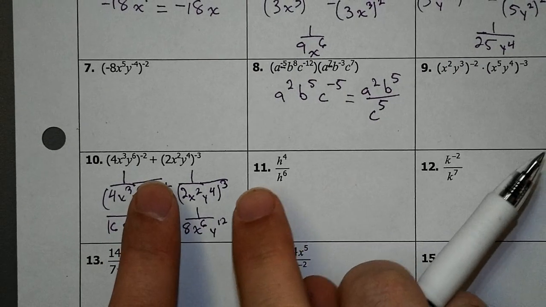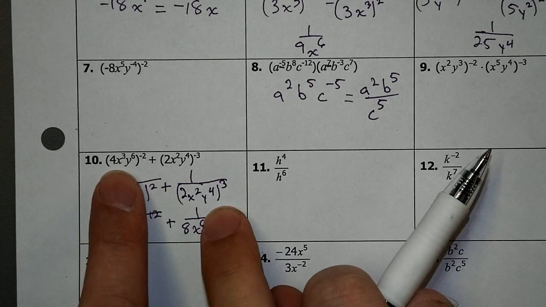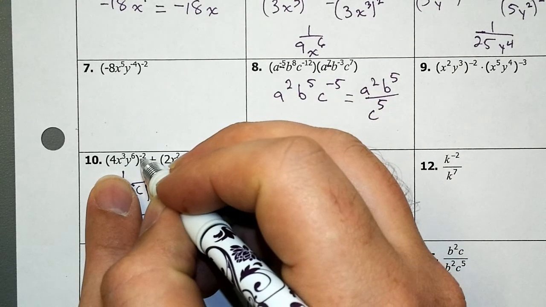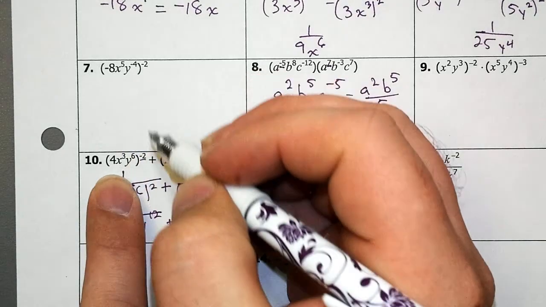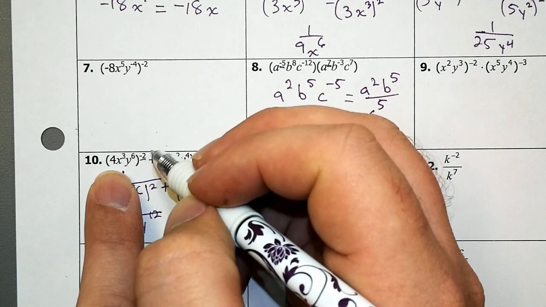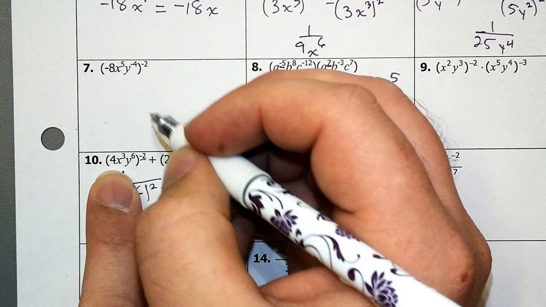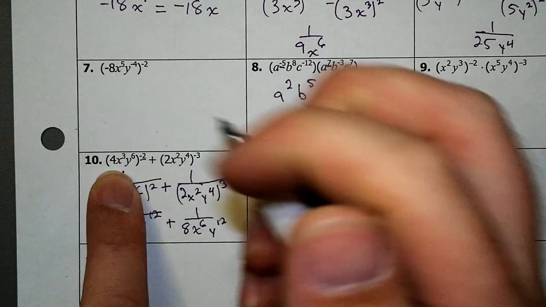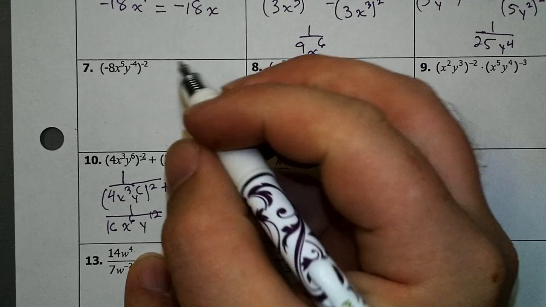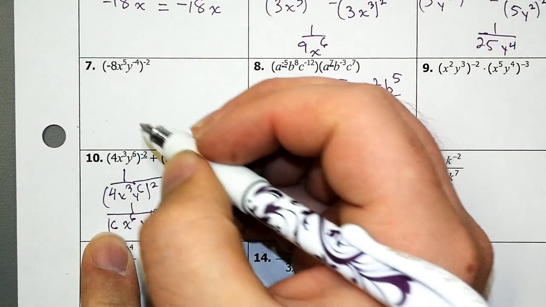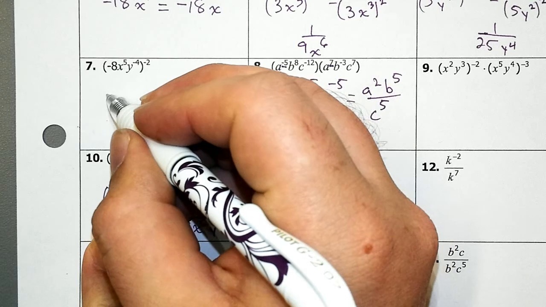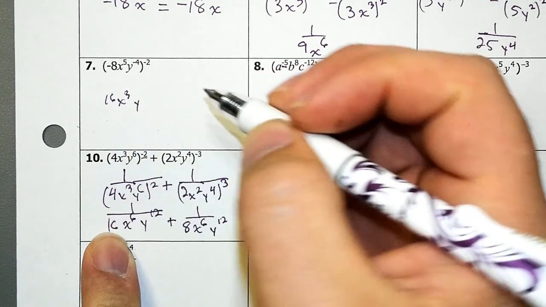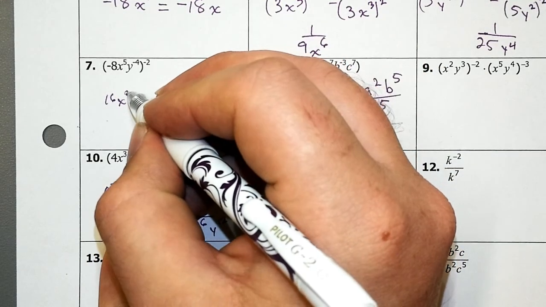So there is an easier way to do this. Instead of flipping early, we're going to flip late. So I'm just going to do the work up here. Let's take this all to the negative 2 power first. So just multiply it to the power, but keep it negative. We've got 16 x to the 3rd, x to the 6th y to the 12th. That's what we got earlier.